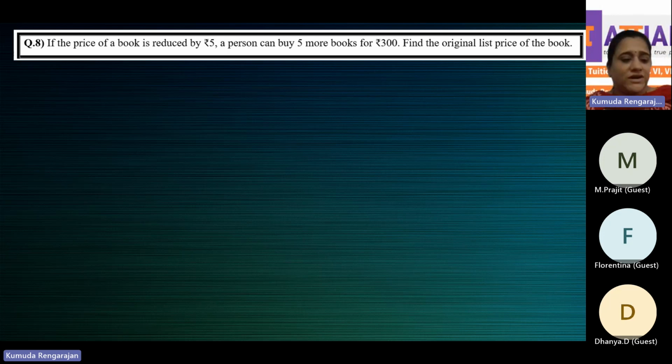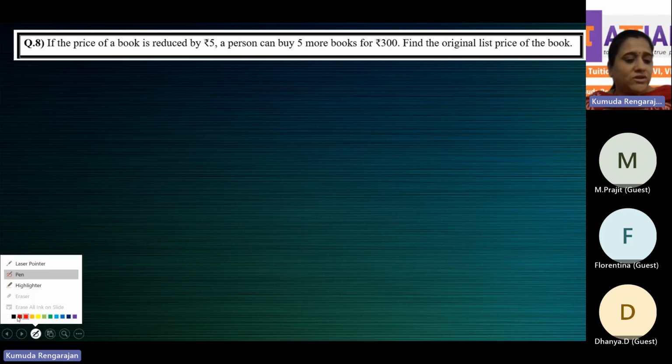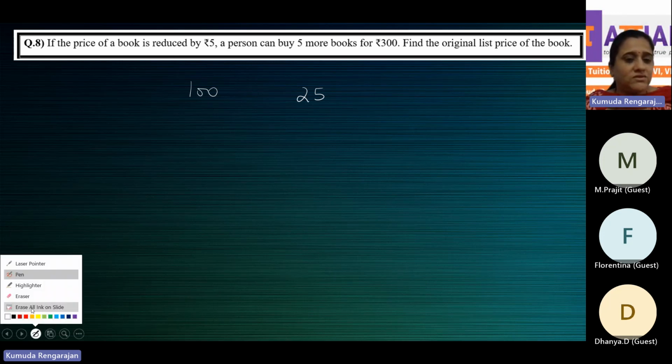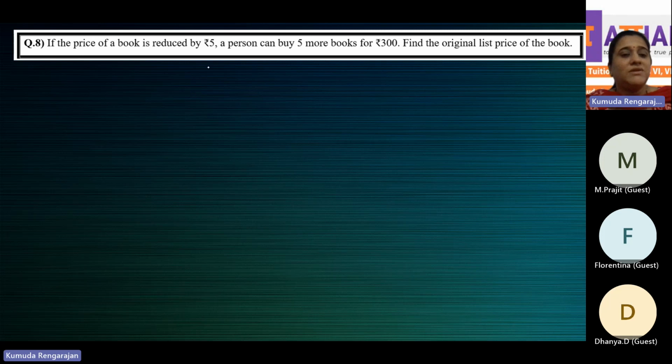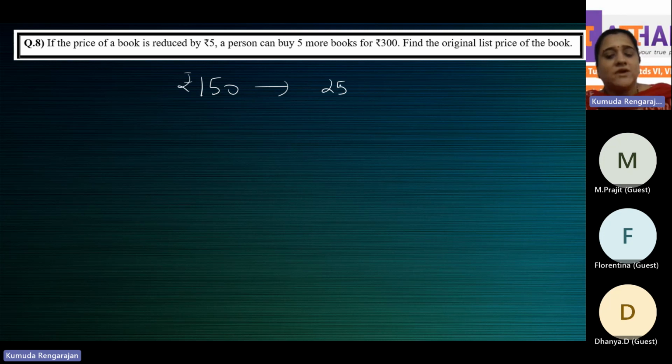Now, I will just take a different example. Supposing you have 150 rupees with you, and the cost of a book is 25 rupees per book.